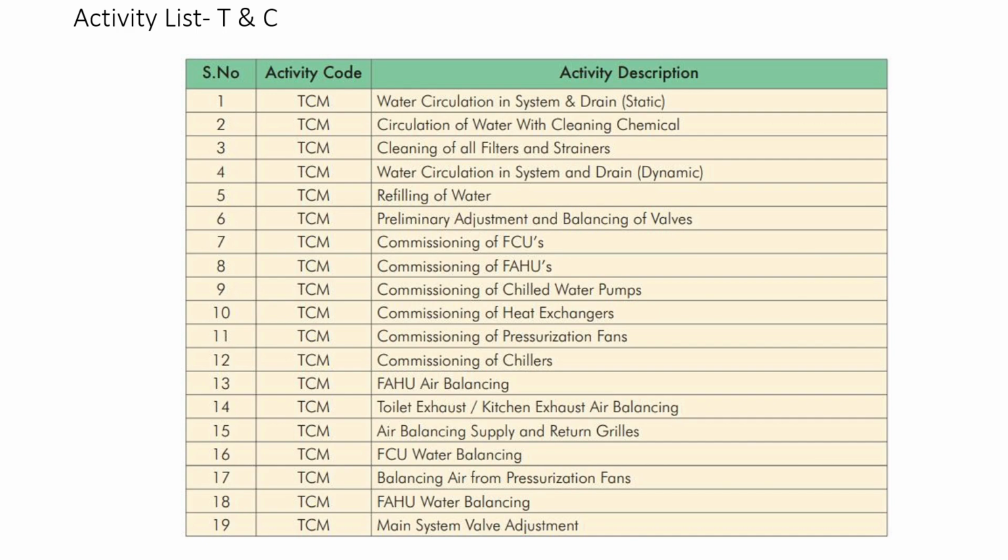Please note that these kinds of activities are only involved for water cooled chiller or air cooled chiller projects. In your case it could be VRFs, FAHUs or AHUs or any other package units. It could be anything, so you can simply refer to it.